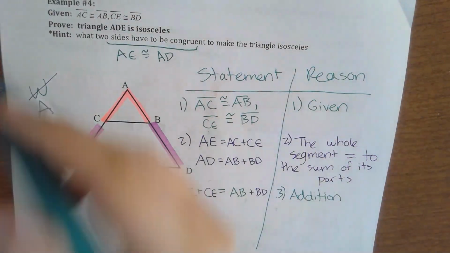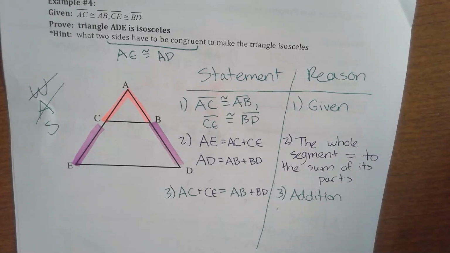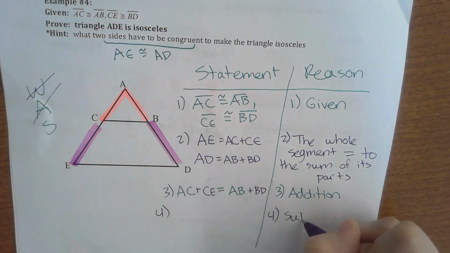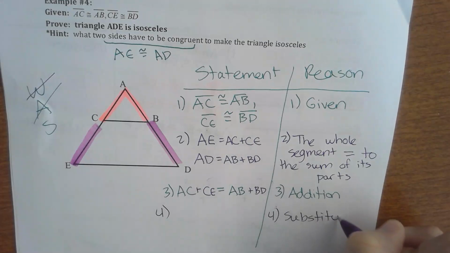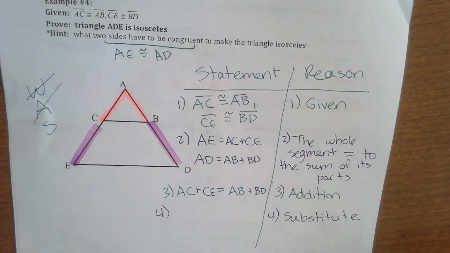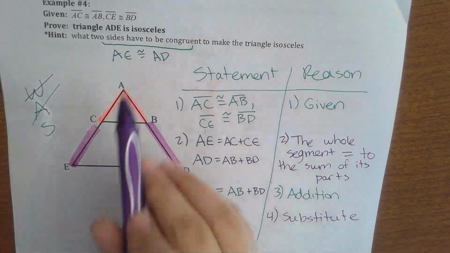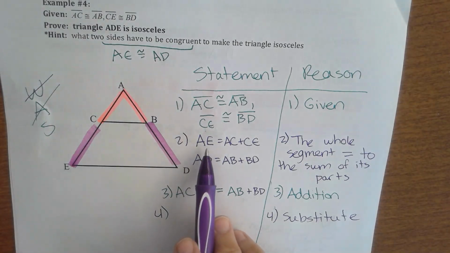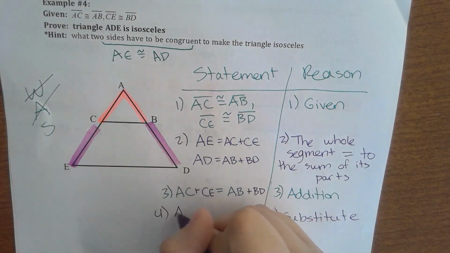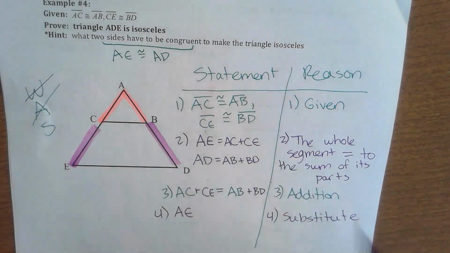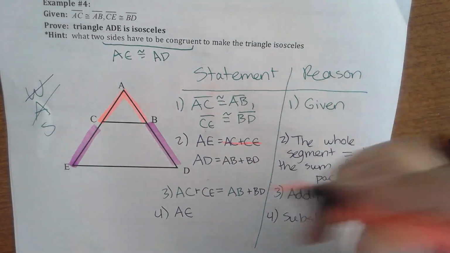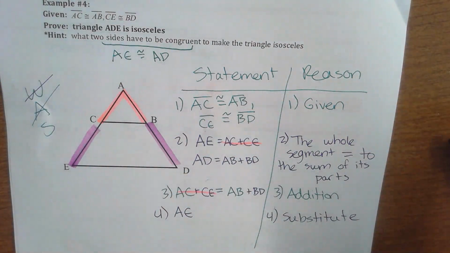We're not going to have an addition and a subtraction proof together, so this S has to be substitution. What can I substitute or rearrange to get what I want? Well, I want AE and AD to be equal. Here I have AE. Well, AE equals adding its parts together. Here's its parts.